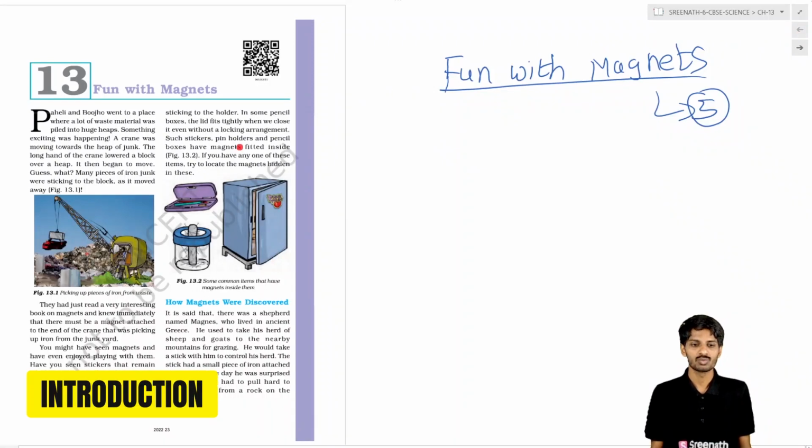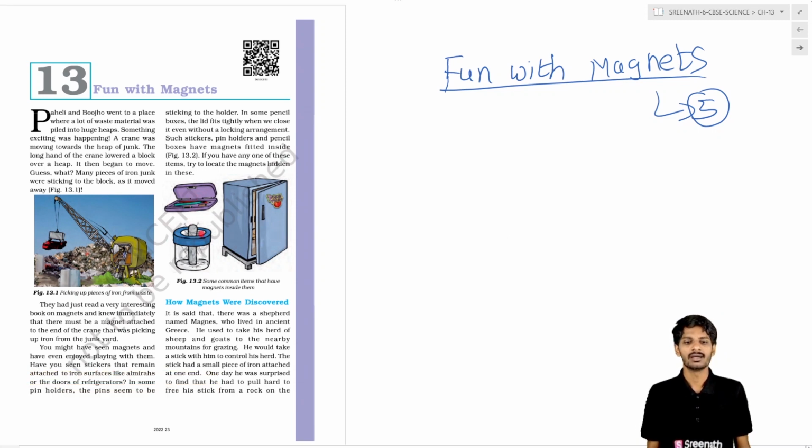Before starting, we have an introduction about magnets. Basically, on some almirahs or on the doors of refrigerators, there are magnetic stickers. They will stick to the doors. Similarly, some pencil boxes, when we close them, will stick tightly even though there is no locking system.